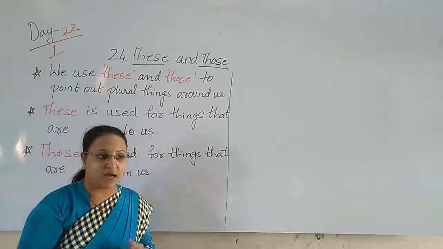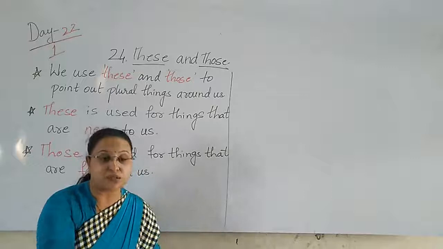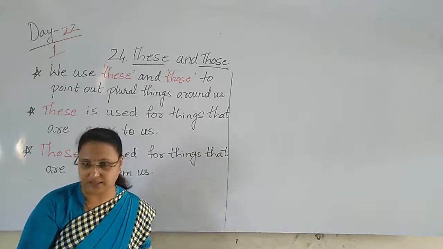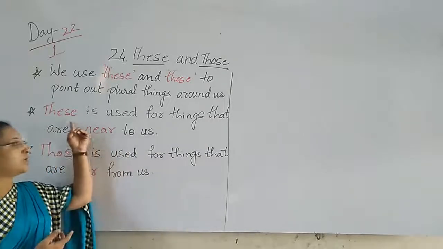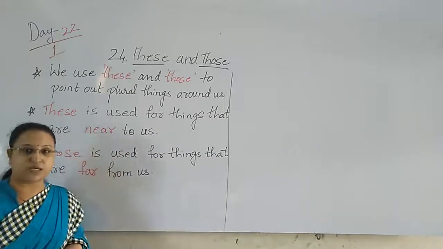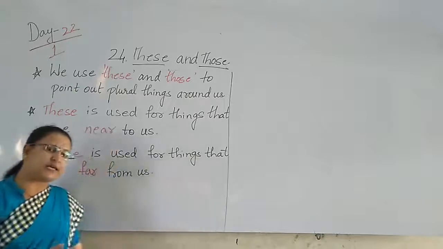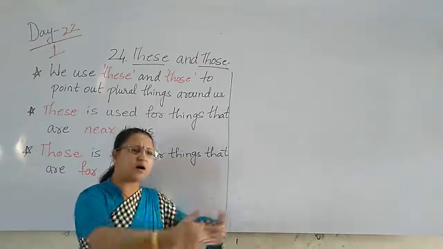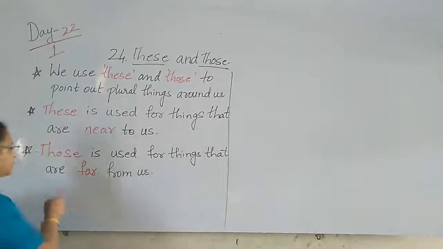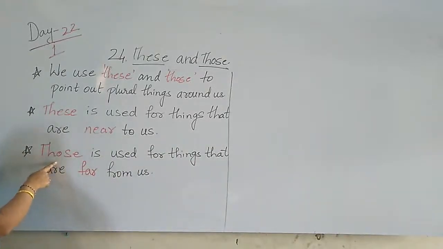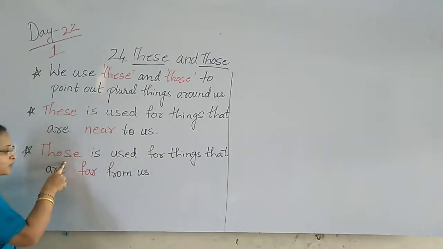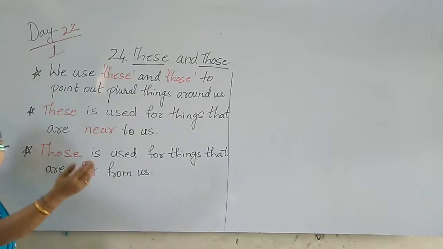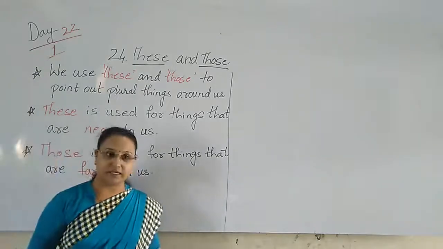When the things are near to us, close to us, and it is more than one, then we use what? These. What we use? These. And when the thing is more than one and is far away from us, then we use what? Those. What we use there? Those. So these is used for the nearer things when they are more than one, and those is used for the far things when they are more than one.